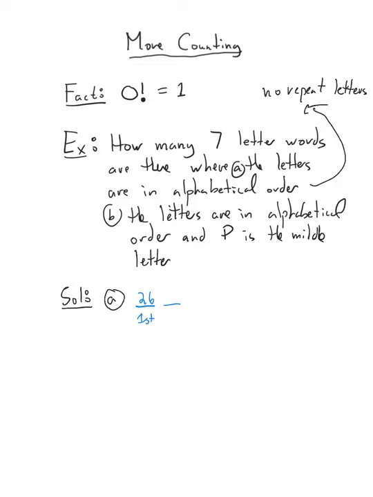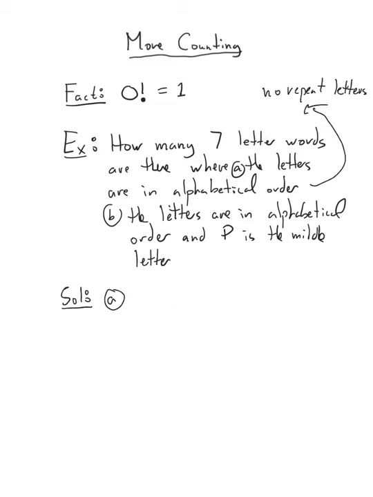If I pick A, I have 25 choices for the second letter. But if I pick something along the lines of maybe S, well, I have something like, I don't know, 6 or 7 choices. So you'd have to deal with each case independently. And that would be really tough. So this is no good. This isn't a good approach.